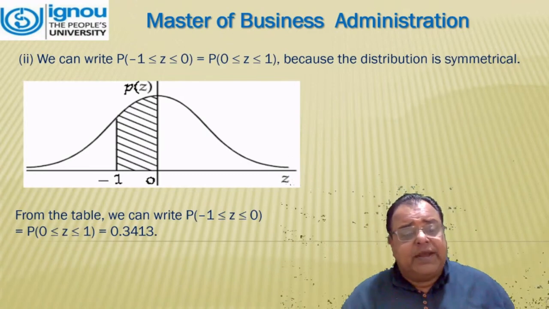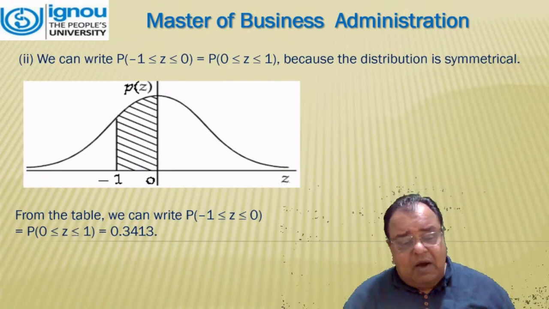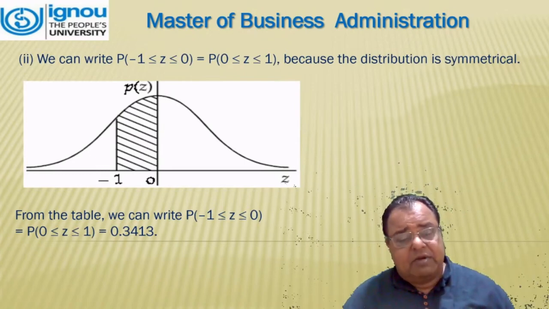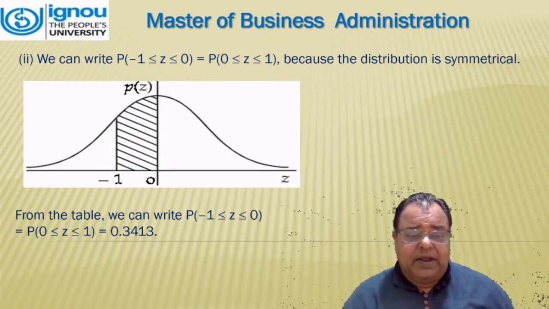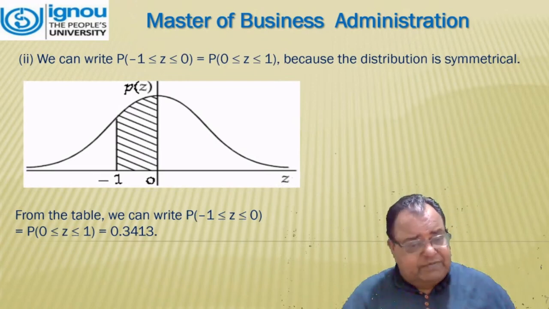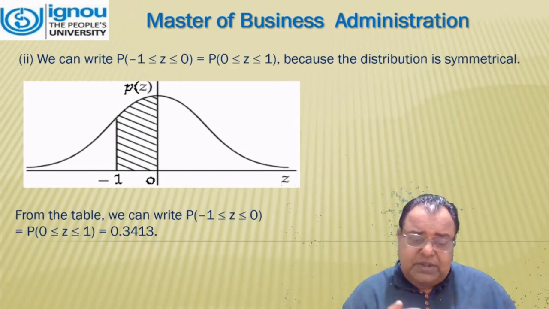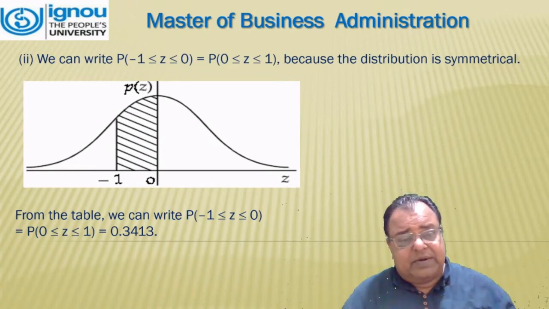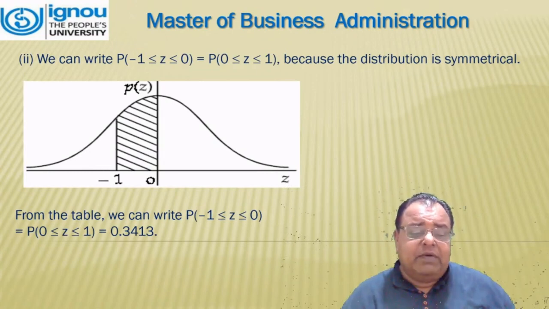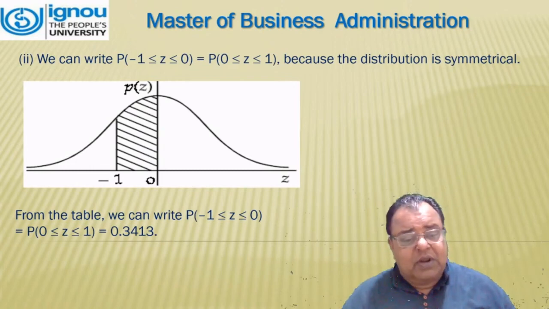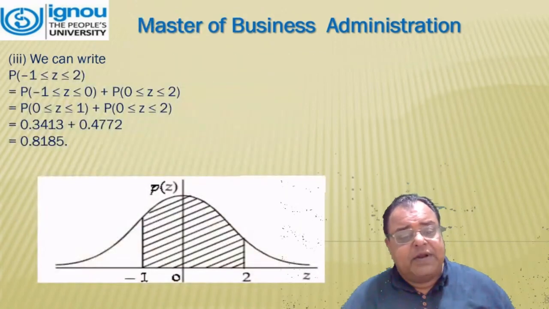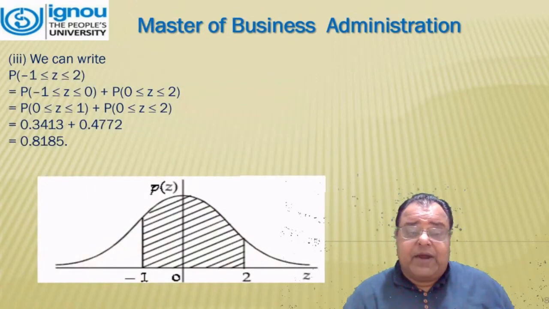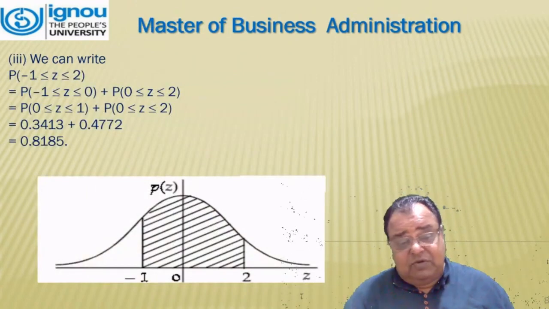We can write it as P(0 < Z ≤ 1). How is it represented on the standard normal variate curve? Basically, the area was on the left hand side, at -1, so we show it on the left hand side and mark this area. Going back to the table, we find the value for 1, which comes out to be 0.3413.